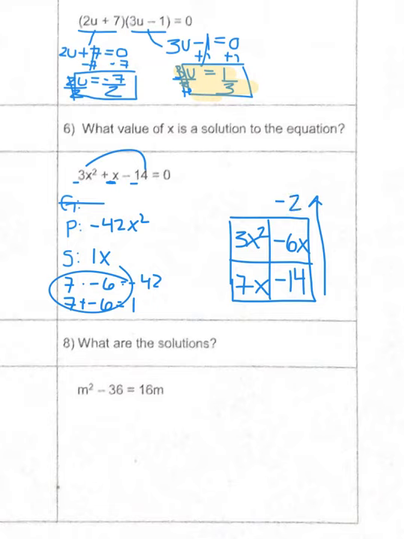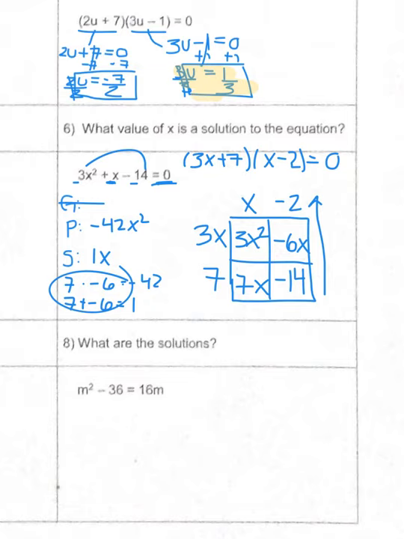And both of those are negative, so I'm going to put negative 2. And then the biggest number you can divide both 3x squared and 7x by would be x. That means you would have to put a 3x here and a 7 here. So our factored form is going to be 3x plus 7, x minus 2, and all that should be equal to 0 like we have right here.